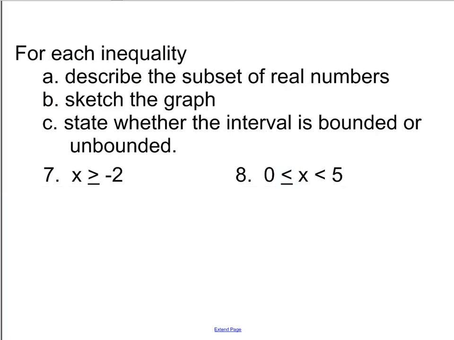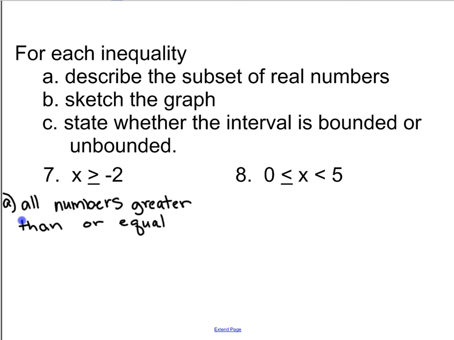For each inequality, describe the subset of real numbers. So x is greater than or equal to negative 2. You're just really going to write that in words. This is all numbers greater than or equal to negative 2.